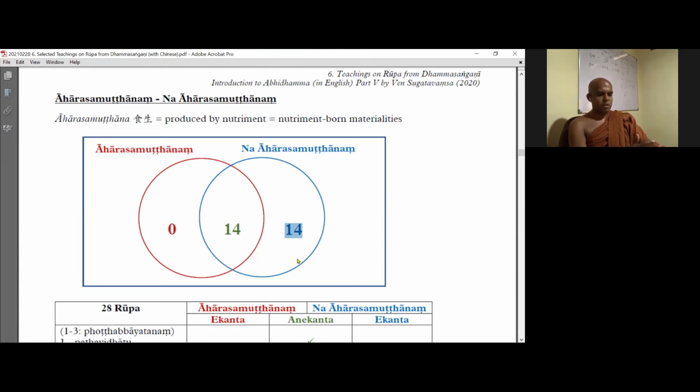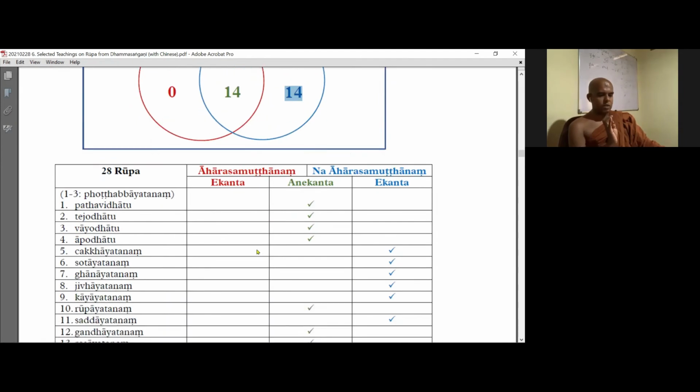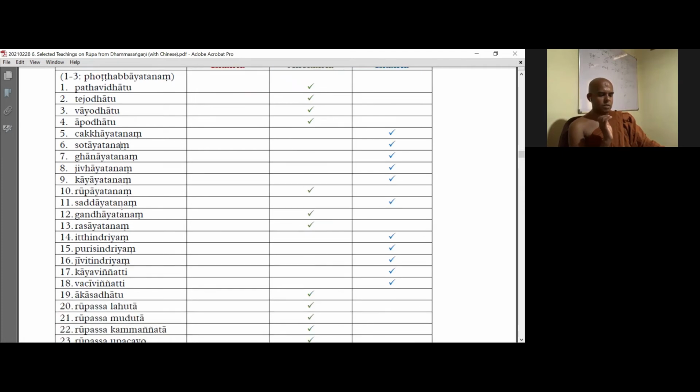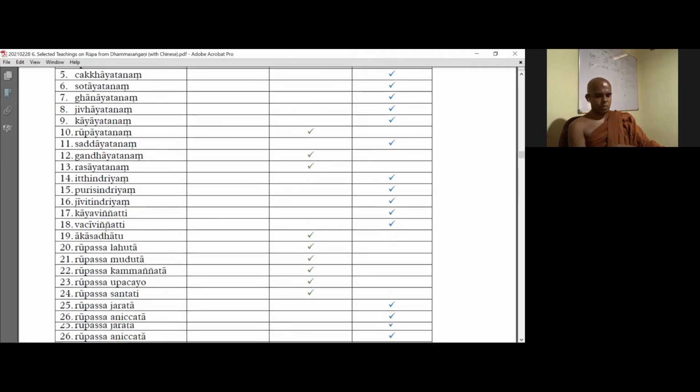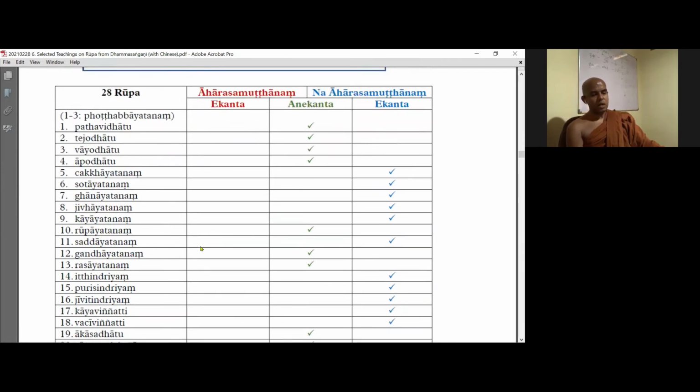What are the 14? There are 4 mahabhuta and the color object, in the same way gandha and rasa objects, and akasa dhatu, lahuta, mudutta, kammannata, upachaya, santati, and kabalinkara ahara. Those 14 rupa are called the Ahara Samuttana group. But for no Ahara Samuttana, there are 14 for the Ekanta, definitely not Ahara Samuttana rupa, and another 14 in the Anekanta group.